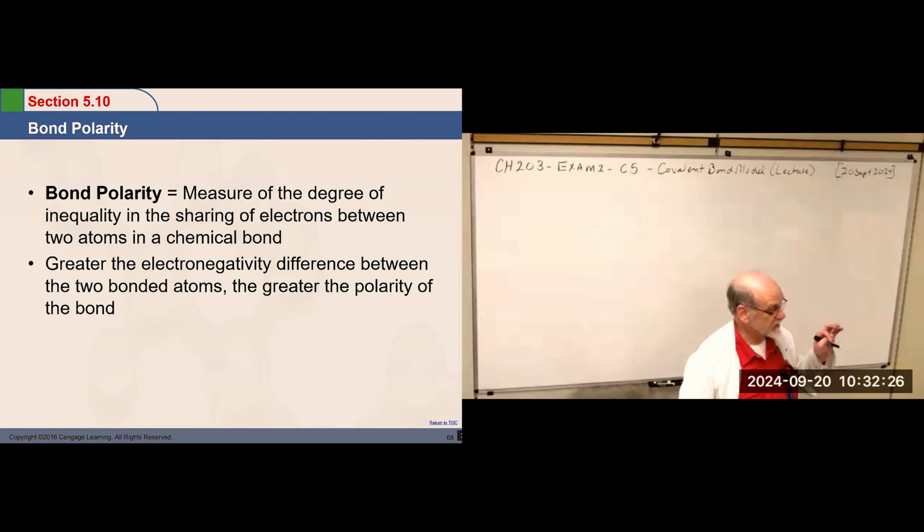Now, the greater the difference between electronegativities, the greater the polarity of the bond. Right? So lithium and fluorine, actually, that would not just be a polar bond, that would be an ionic bond. If we got something closer to home, say carbon and fluorine, that would be fairly polar. It would be more polar than a nitrogen-fluorine, and that would be more polar than an oxygen-fluorine bond.